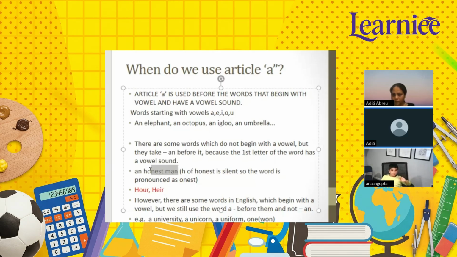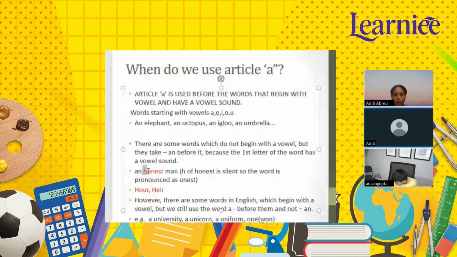Yes, Aryan. When will you use an? What is the exception? Whenever the word, though it starts with a consonant, has a silent consonant sound and the next sound is prominent, which is a vowel, that's when you'll use an, like an honest man.